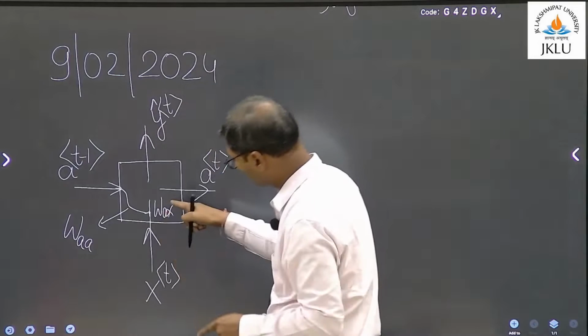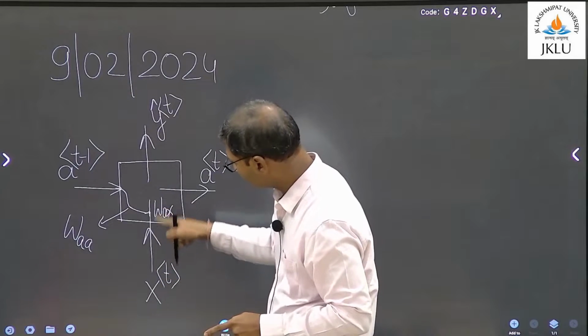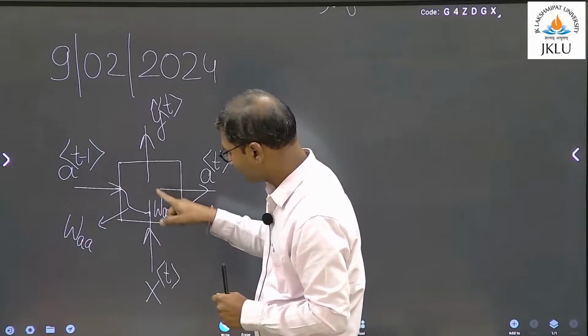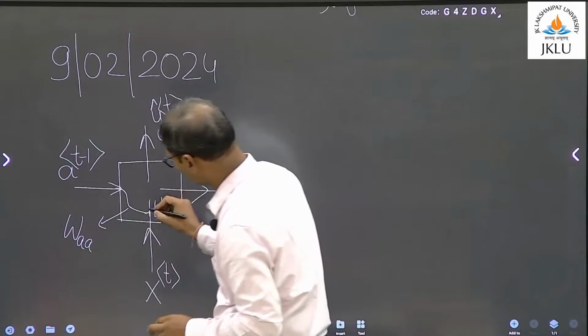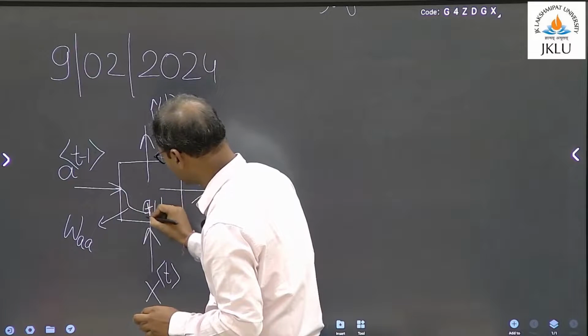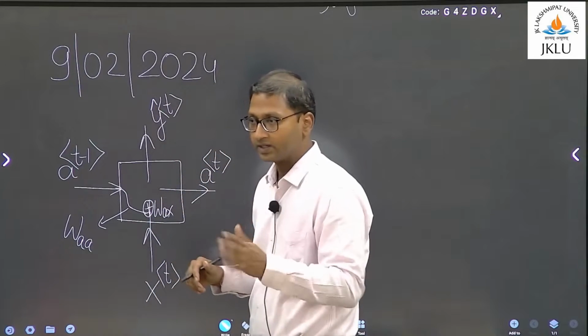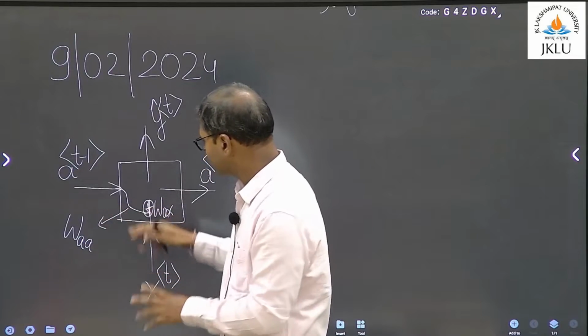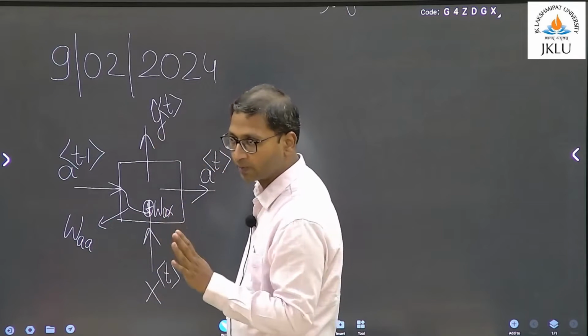We add W_AX times X_T plus W_AA times A_{t-1}, so this is basically a plus here, addition. I am not drawing the b's here.